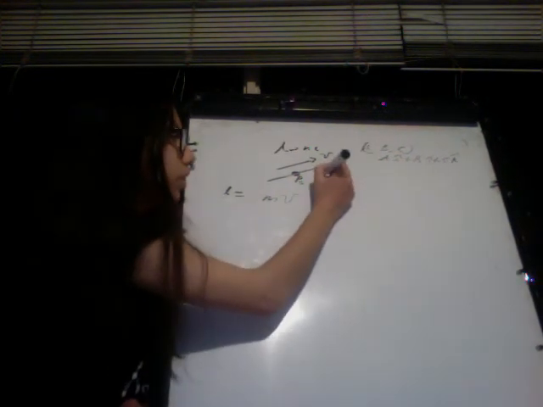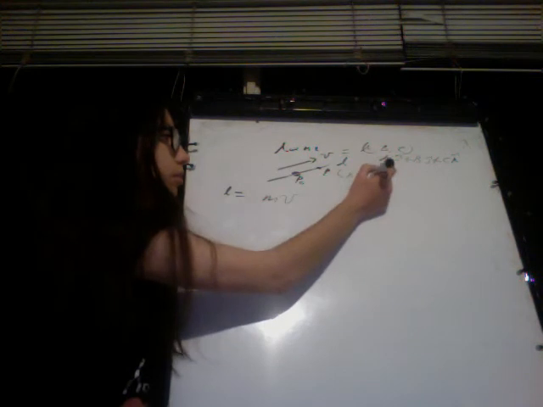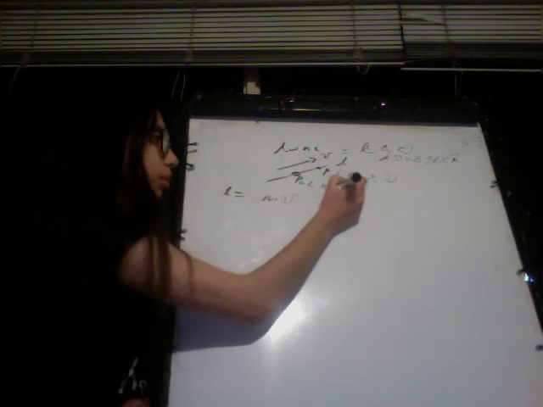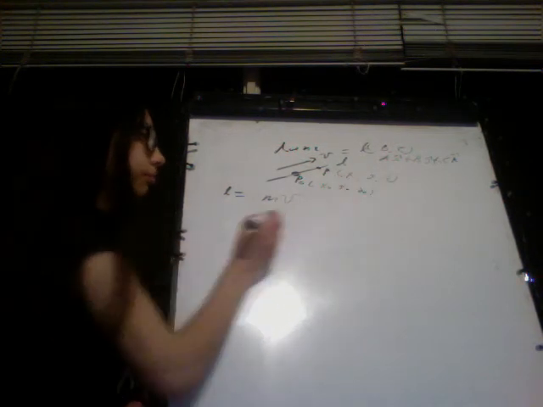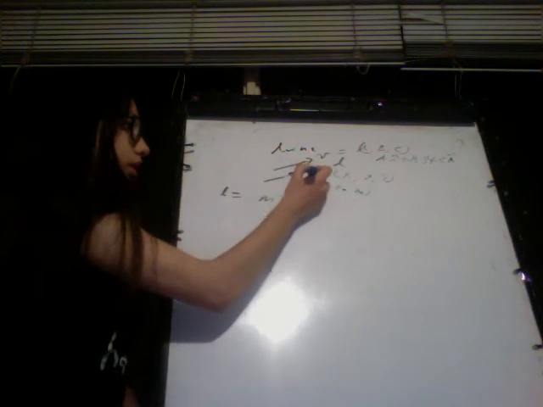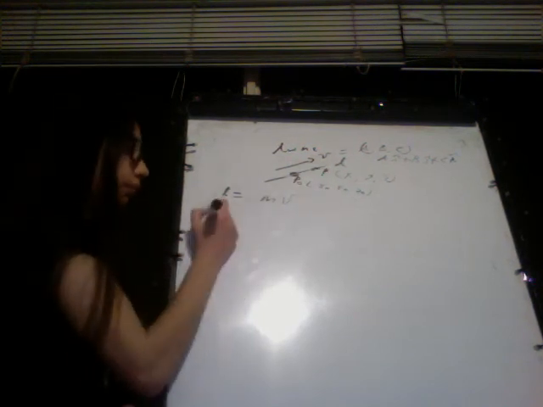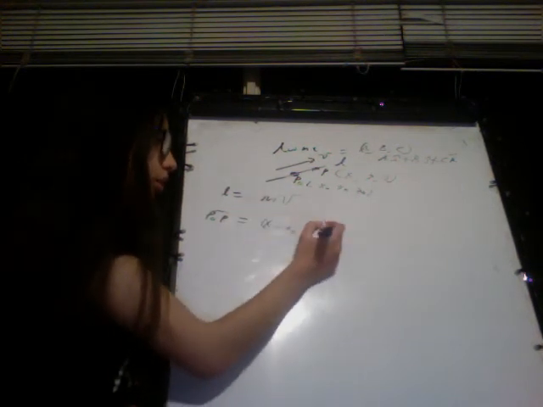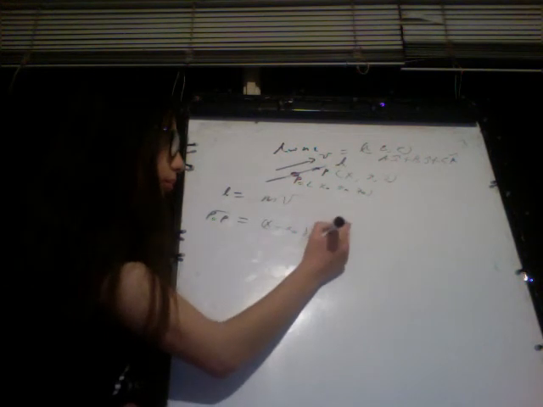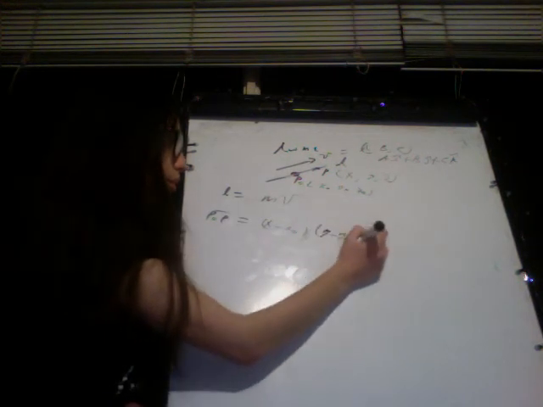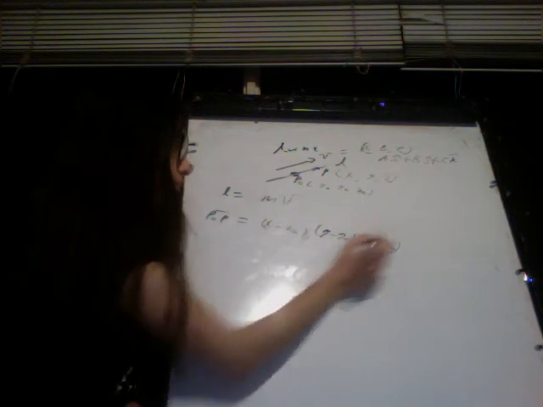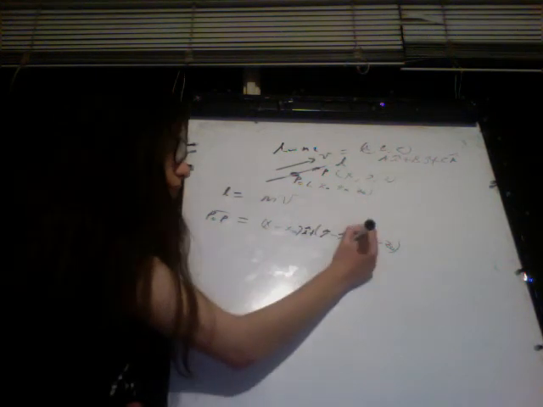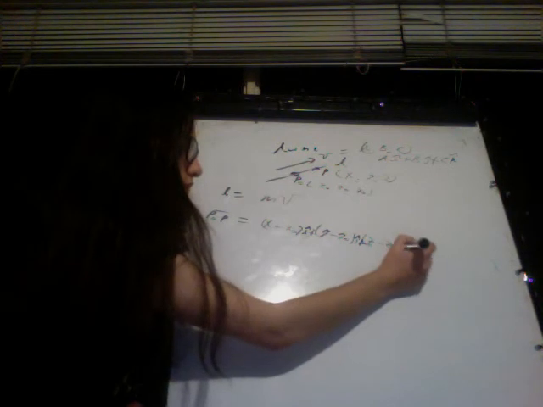Let's say this point is P and has components X, Y, and Z. This point P naught is X naught, Y naught, Z naught. So this vector P naught P is equal to X minus X naught, Y minus Y naught, Z minus Z naught, times i, j, and k.